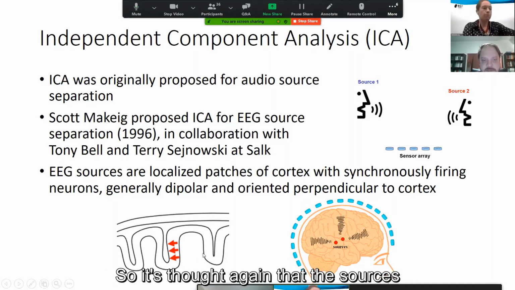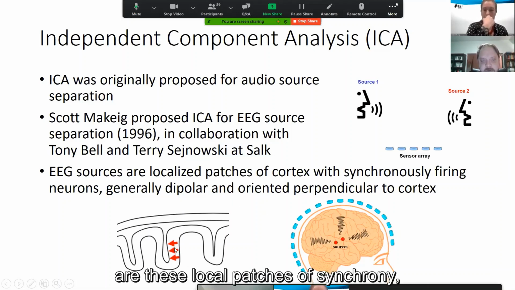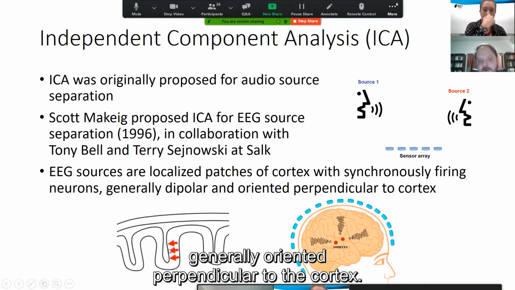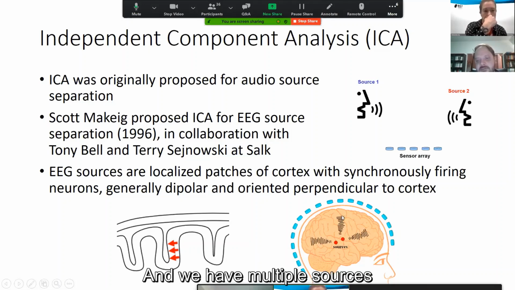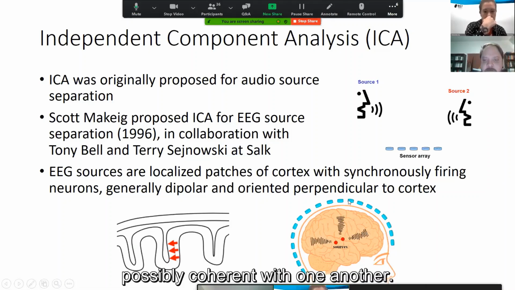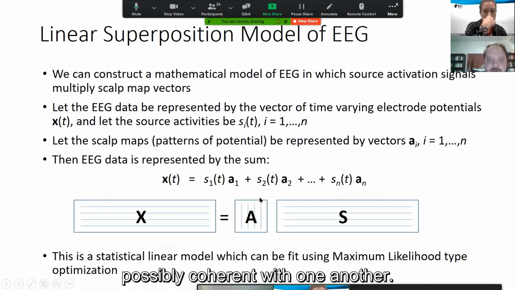It's thought, again, that these sources are local patches of synchrony, generally oriented perpendicular to the cortex. And we have multiple sources in the brain coming from the different regions, possibly coherent with one another.